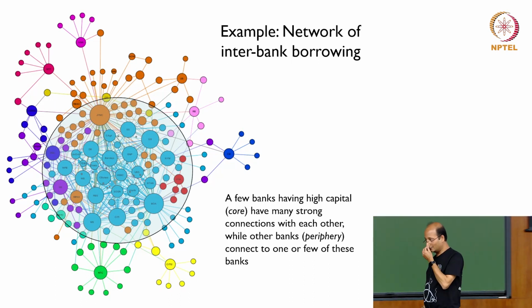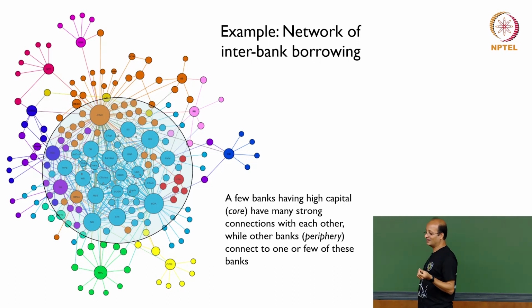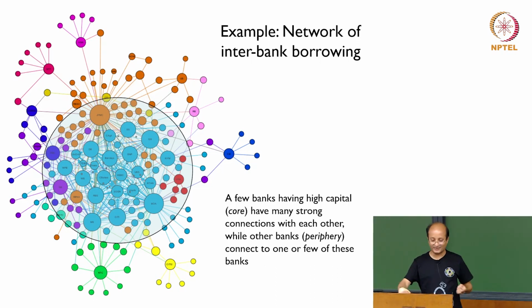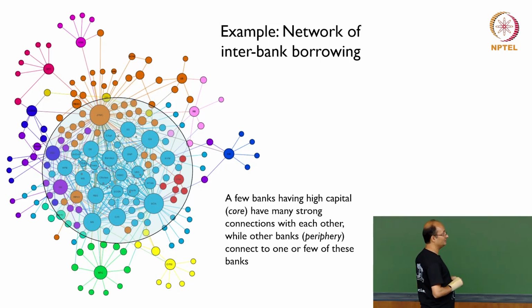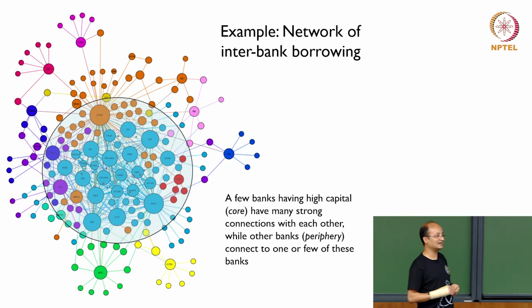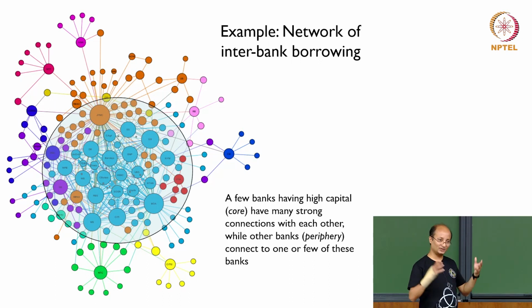So then we tried out a simulation of banking collapse, where we said, suppose we take any one bank in this core and say that it declares insolvency. Which means that it says we cannot honor the commitments we made because we simply don't have money. So it closes shop.